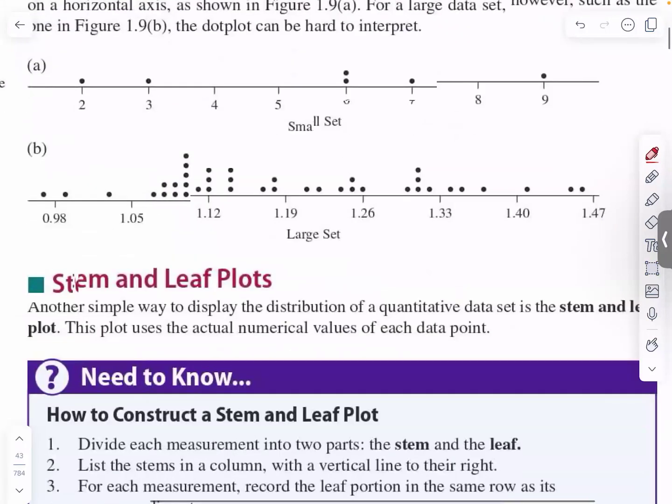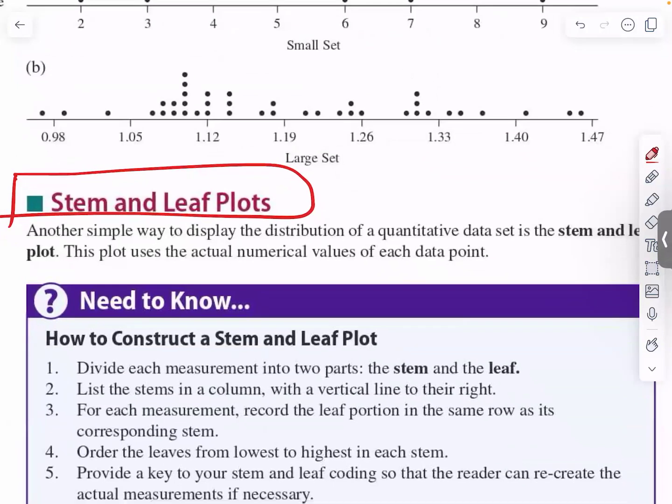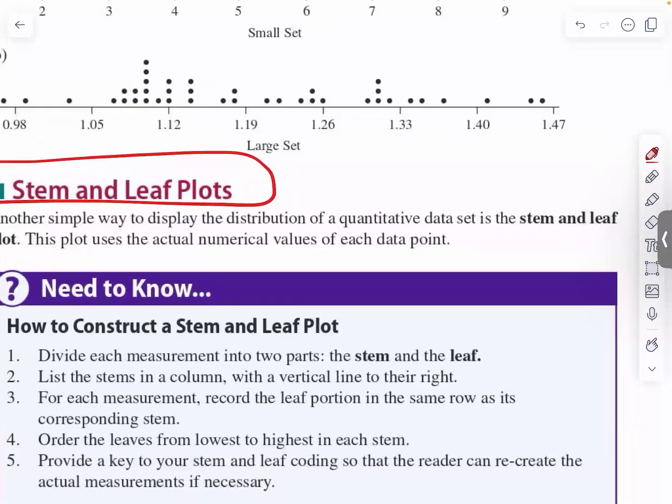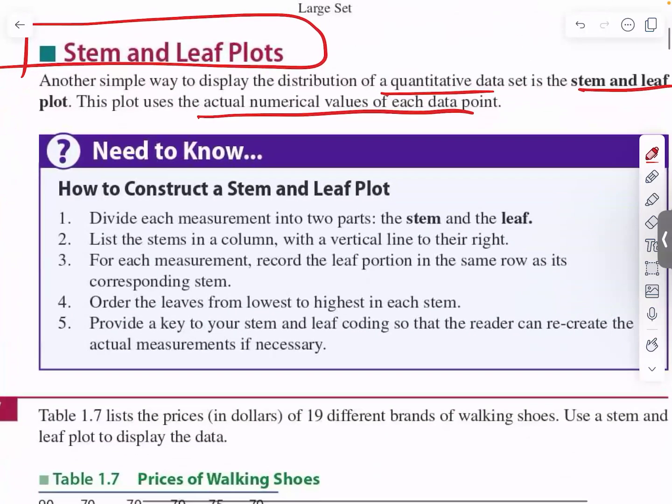And that is what is called a stem and leaf plot. Another simple way to display the distribution of quantitative data is the stem and leaf plot. This plot uses the actual numerical values of each data point. How is it done? You divide each measurement into 2 parts called stem and leaf.